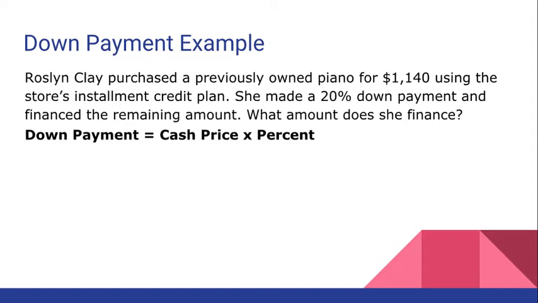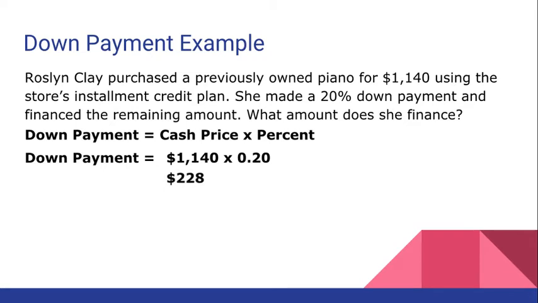We take the price she paid for the piano and multiply it by the percentage. But remember that since it's a percentage, we can't plug in 20 into our formula. We have to change it into decimal form, so that 20% becomes 0.20.